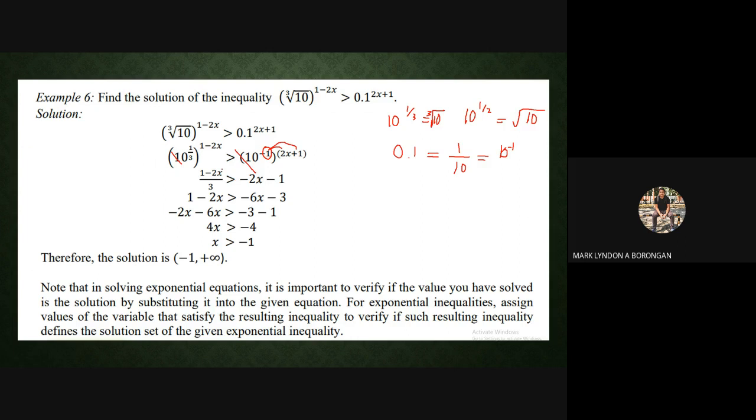So ang gibuhat next ani is to eliminate sa 3. Unsa ang pag-eliminate ang 3? By multiplying 3 to both sides. So if multiply mo 3 ang both sides, mag-cancel out ang 3 diri, leaving you 1 minus 2x greater than 3 times -2x, that is just -6x, and then -1 times 3 is equal to -3.